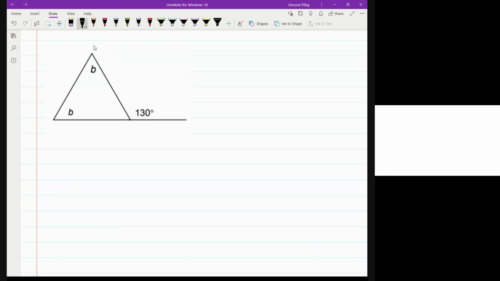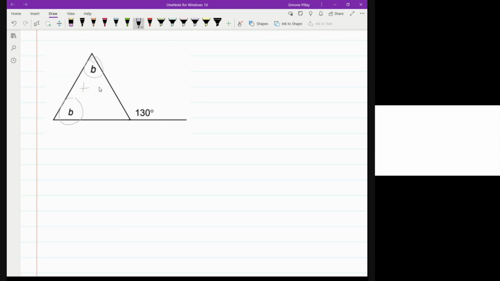So, ma'am, I'm not completely sure on the statement part, but I know the reason. The reason is that the two opposite interior angles are equal to the exterior angle.